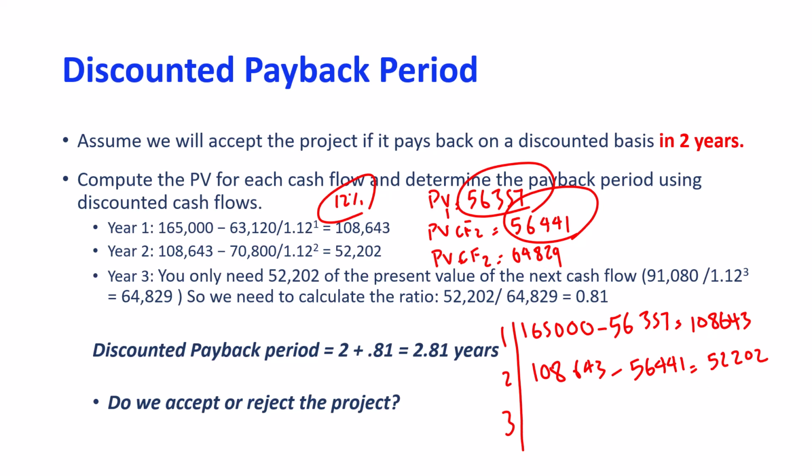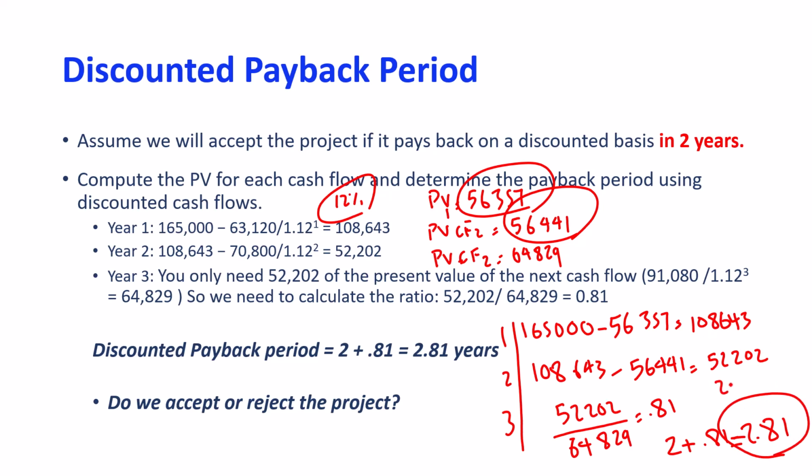And so we don't need all of that. We just need a portion of this. So we do 52,202 over the present value of the third year cash flow, which is 0.81. So the discounted payback period would be 2 years plus 0.81 year. And it makes sense to have a payback period on a discounted basis that is longer than the original 2.34 years of payback period.